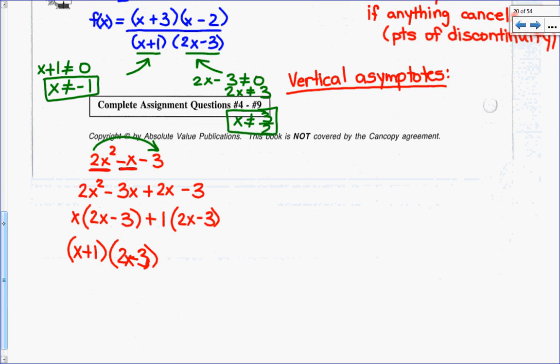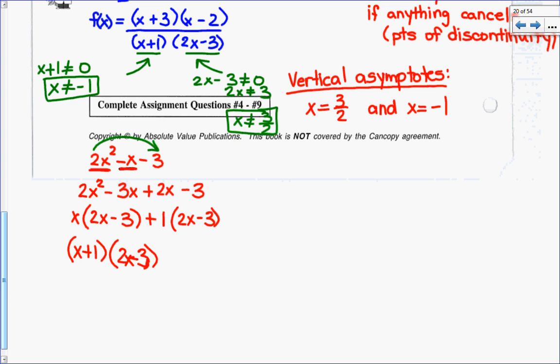So the vertical asymptotes are where x is 3/2 and where x is -1. Those are the two values that will make my denominator equal to 0. Those are the lines on the graph that this graph will get very, very close to, closer and closer and closer, but never actually reach.